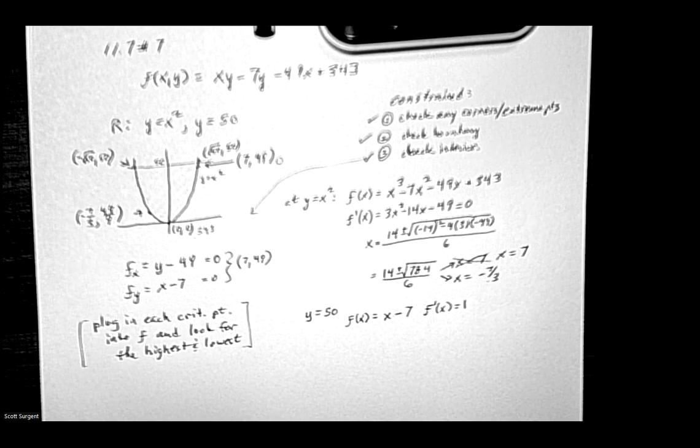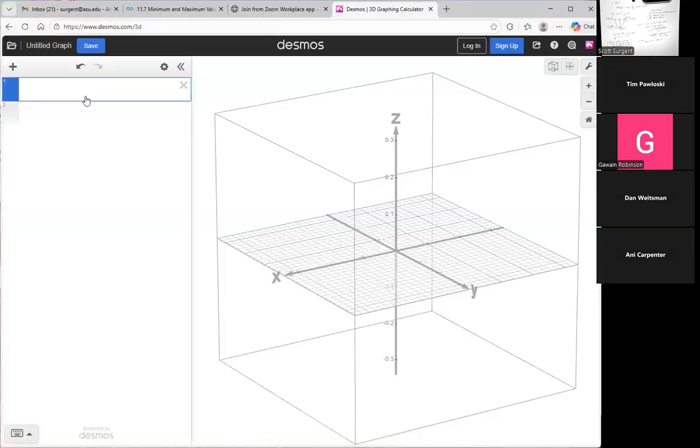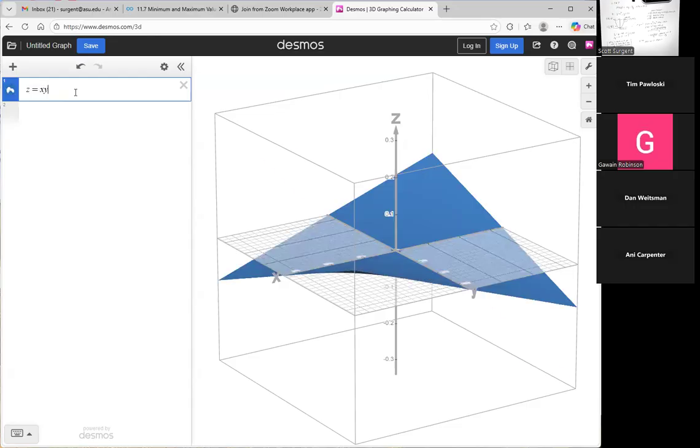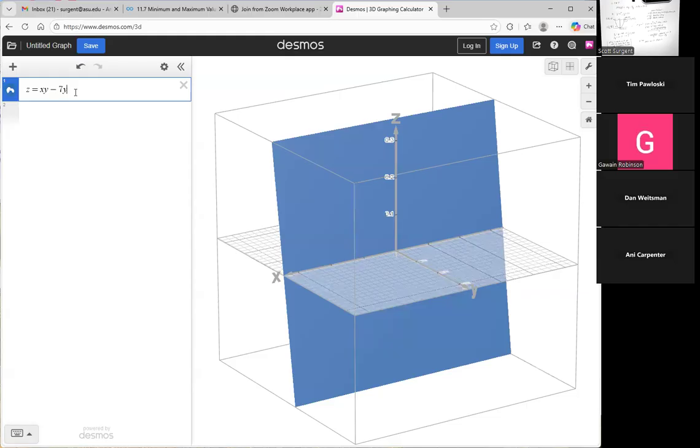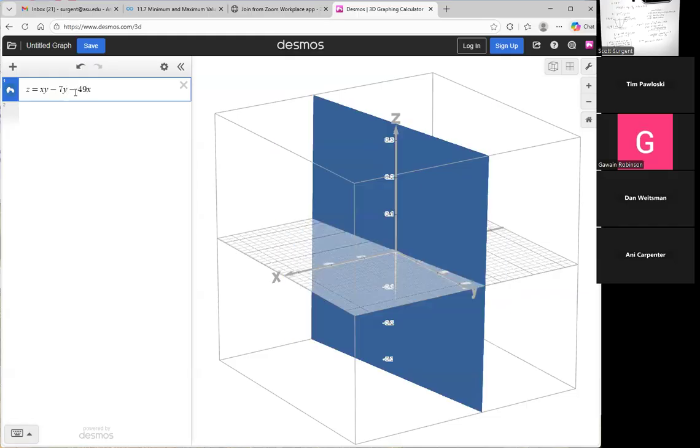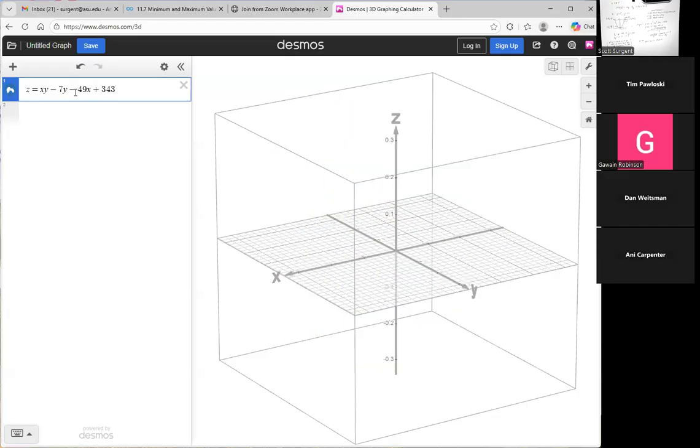I'm gonna try something on Desmos. Give me a second here. I'm going to share the screen. I don't know if this is gonna work because I can easily type in a function. I'll just call it z. So it's xy, take away 7y, take away 49x plus 343.